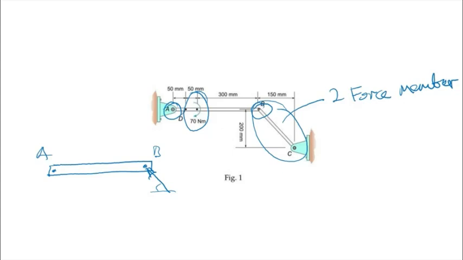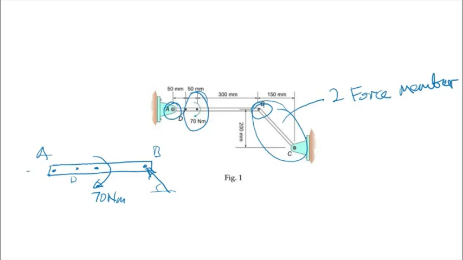Then at this point, which is 100 mm from point A, you have a moment of 70 Newton meters, and you want to find the loads at point D. Doesn't matter, that's the second part.